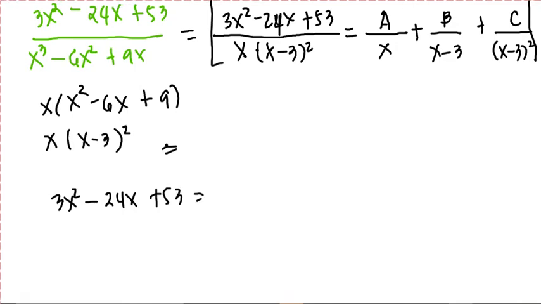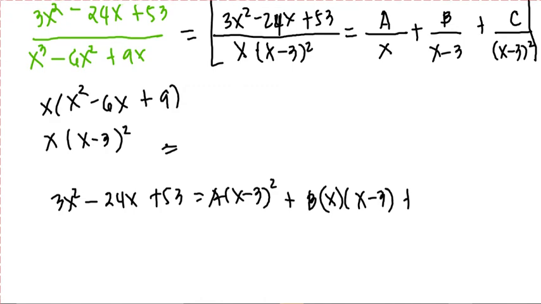So here for our a, we will have a times x minus 3 squared plus b times x times x minus 3 plus our c multiplied by x. So we need to put our values here.